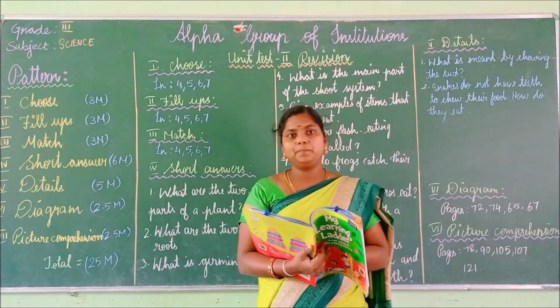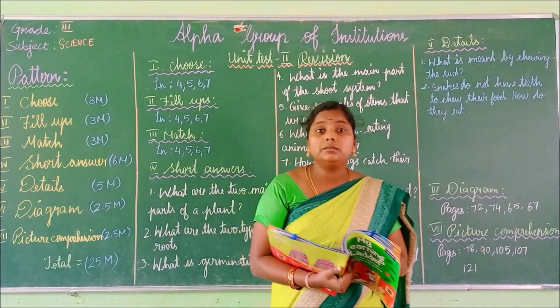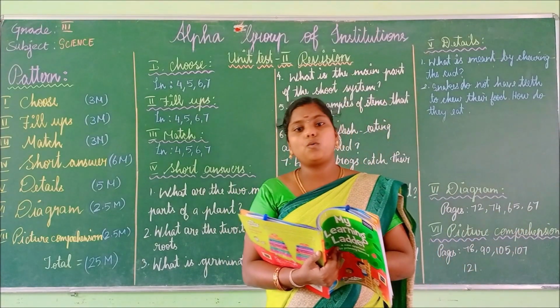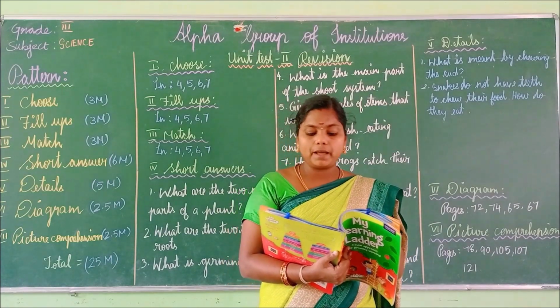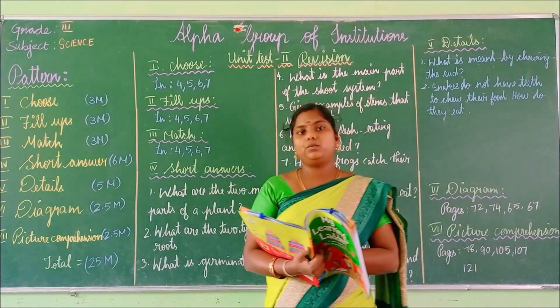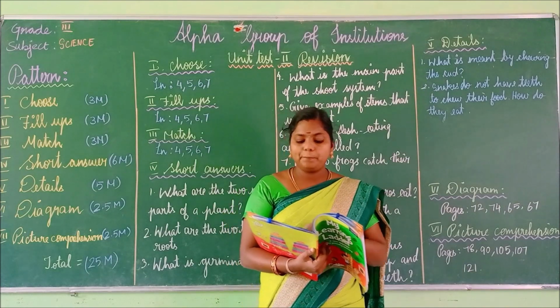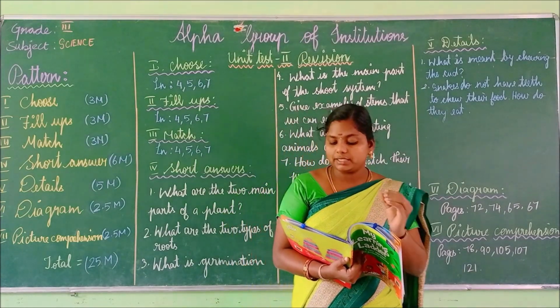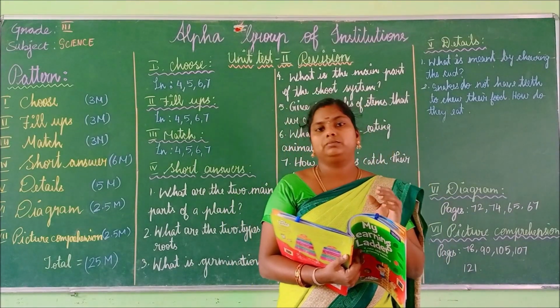Is it clear, children? So the answer is chimpanzees are omnivores.